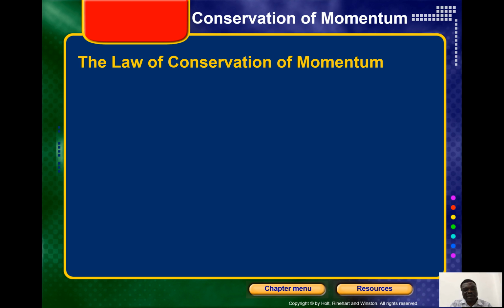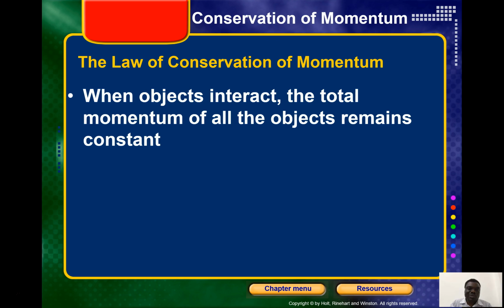You can state the law of conservation of momentum in words. It says, when objects interact, the total momentum of all the objects remains constant. Doesn't that sound like the law of conservation of energy? Yes, it sounds exactly the same. The conservation of energy says that total energy remains constant.